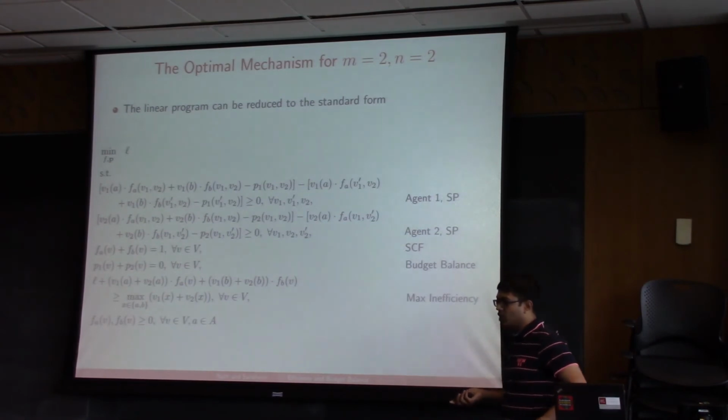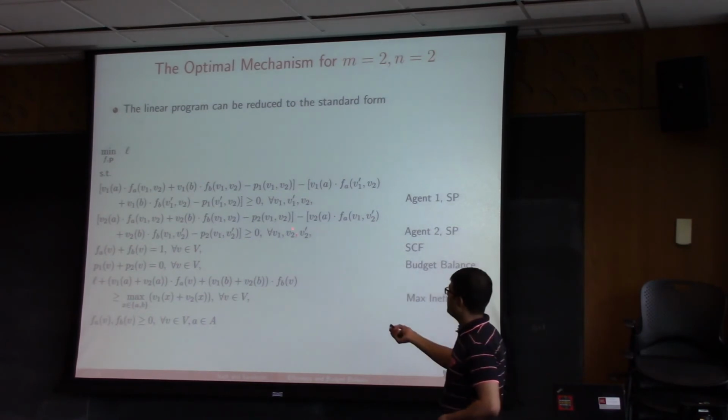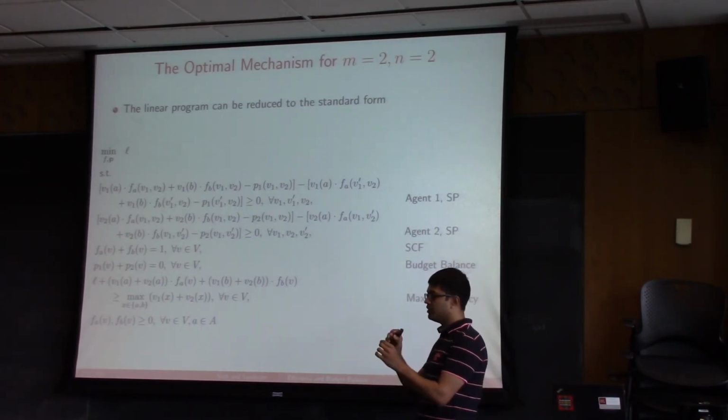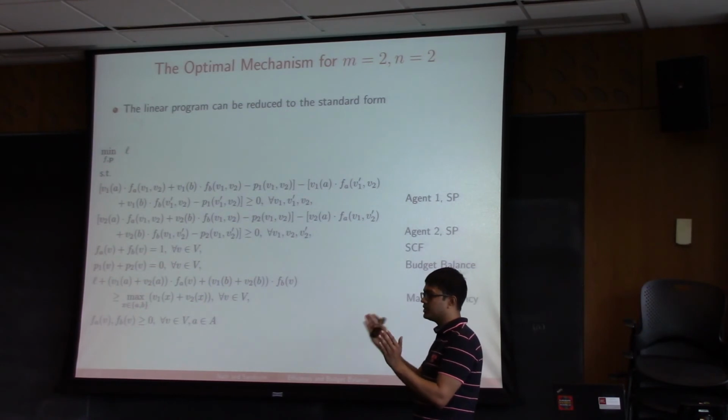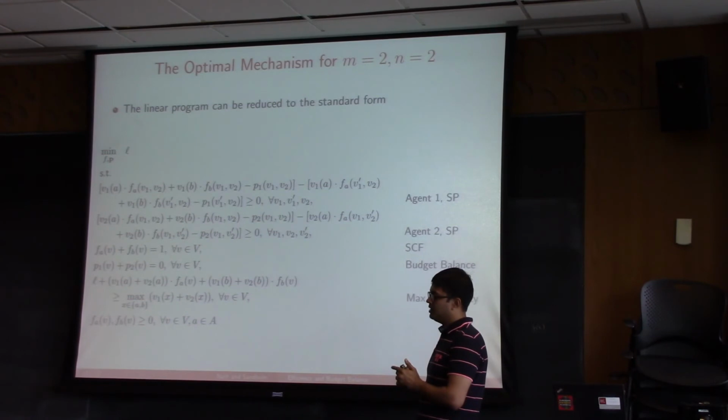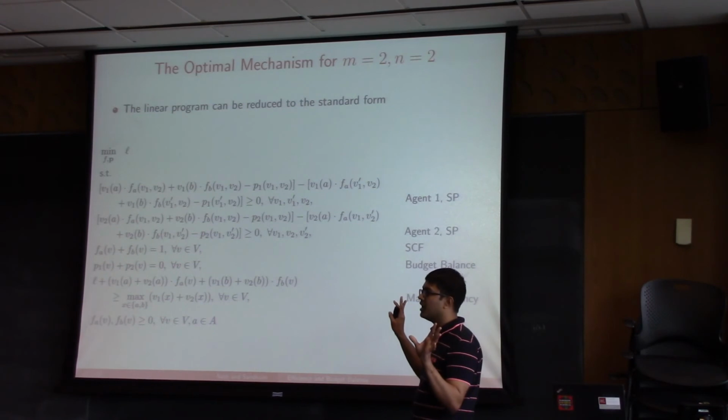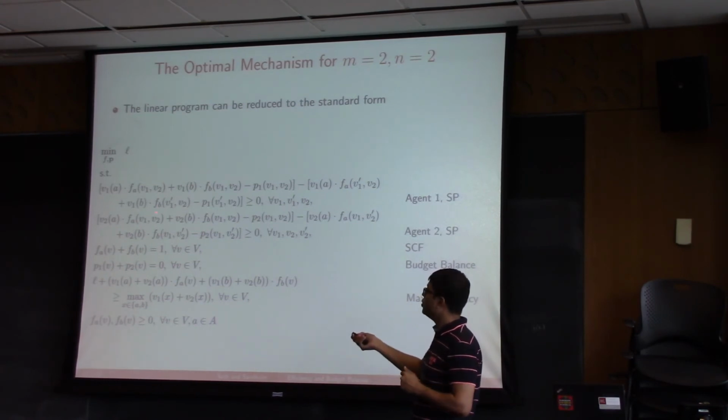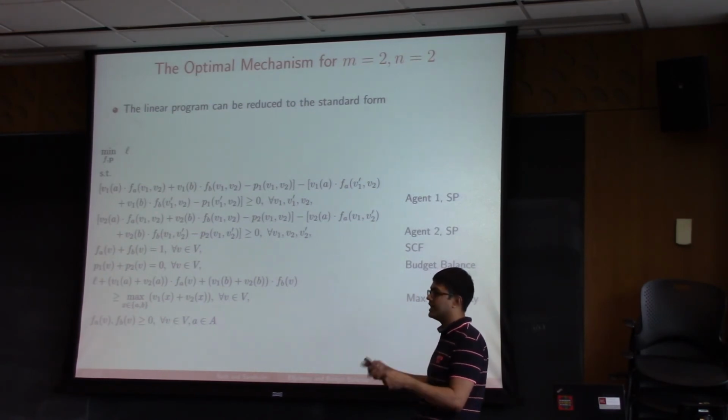In order to solve this using finite optimization techniques, we'll have to discretize the set of valuations, and that does not hurt. Why? Suppose that instead of the valuation being a mapping to the continuous interval from minus m by 2 to m by 2, I discretize into say k discrete levels. Then the number of constraints becomes finite; from being uncountable, it becomes finite. So more f and p will start satisfying them.